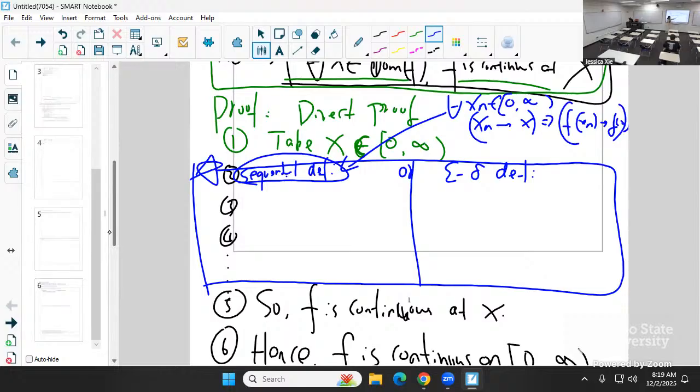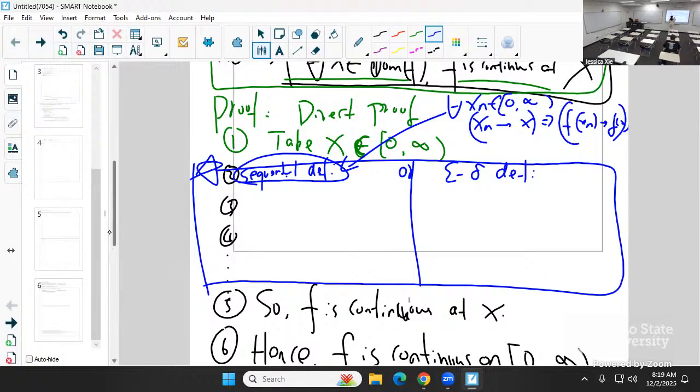So the sequential definition is also a for-all statement. You should show that for any sequence xn from the domain, as long as xn converges to x, f of xn converges to f of x. That is again a for-all statement.